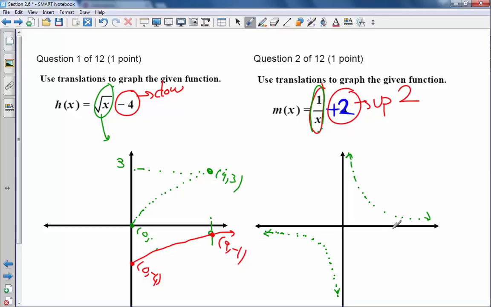So I will lift all these points 2 up, such as this one goes 2 up, this one goes 2 up, etc. Everybody will move 2 up.